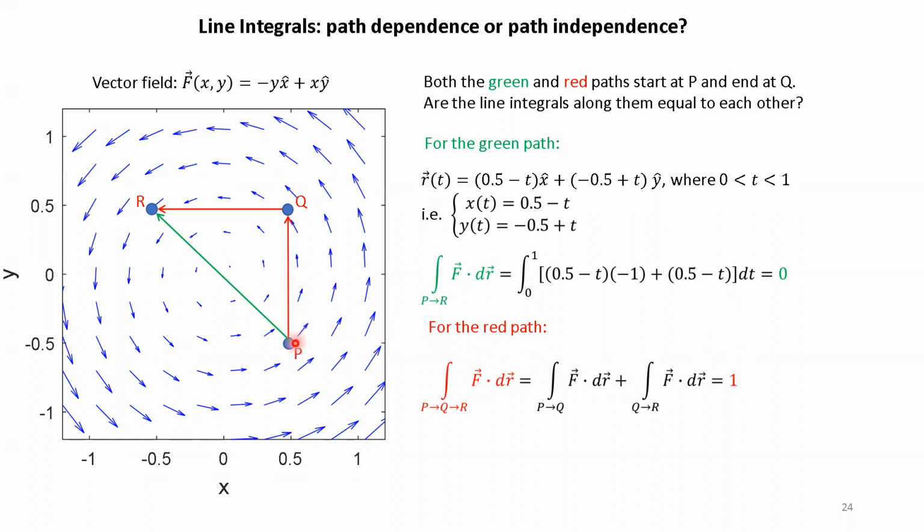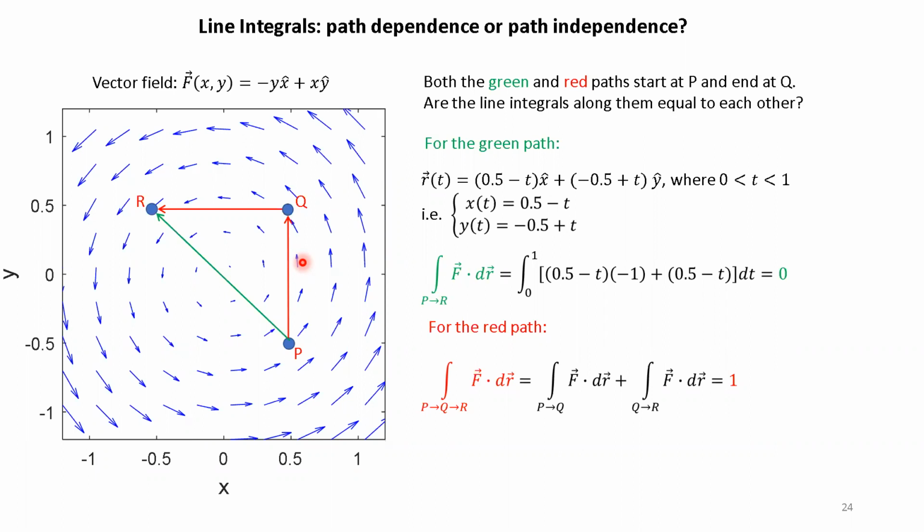Because when you are taking the red path, if you look at the arrows around you, when you're going in the positive y direction, the field nearby also has a positive y component. That means they are always trying to help you go along the y direction, so you get positive work done.